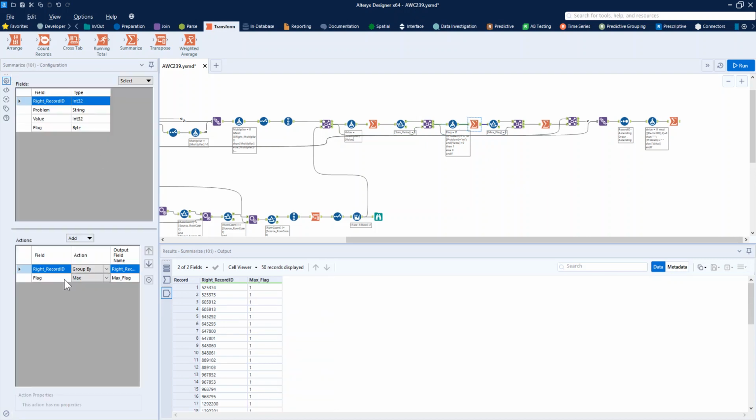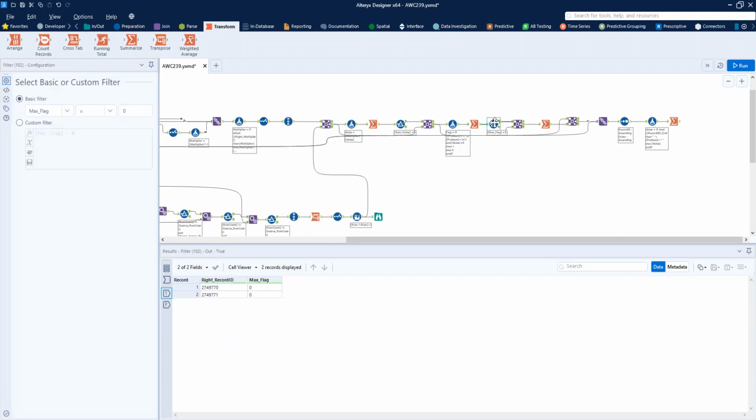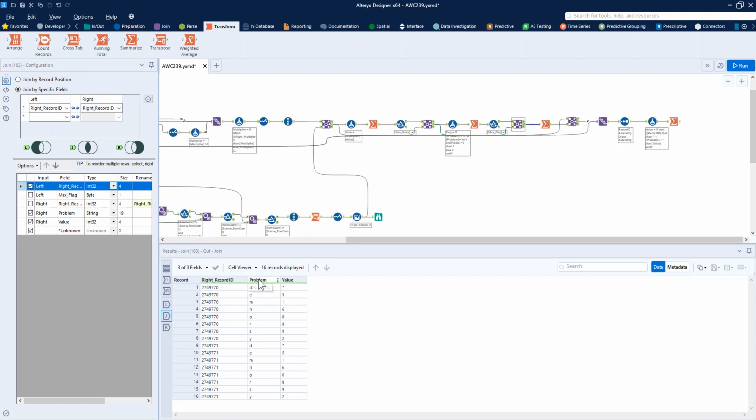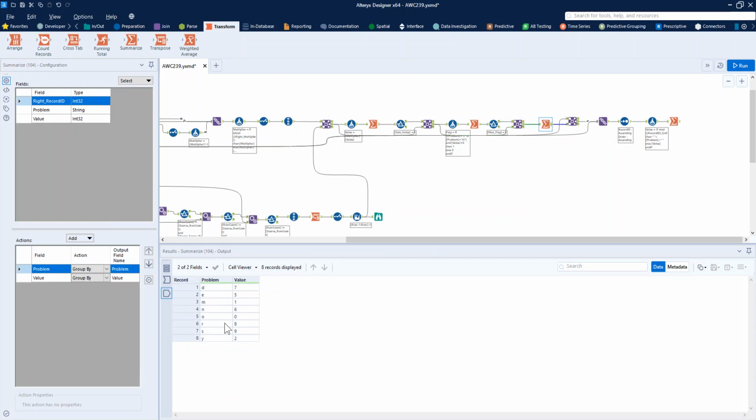And we take the maximum for each record ID so that those values will show up as a flag, and we filter it to just have those where it's not been flagged, and we join that back on so that we now have these two options where it gives us the right values. These are actually replicated, so I'm not sure what I did wrong here, but if we group them just by the problem and the value, then we get our solution, which is great.